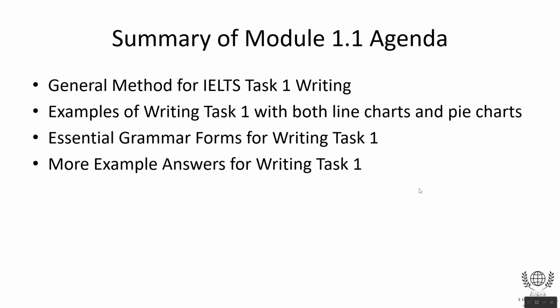So in this first module, we took a look and we saw the general methods for IELTS Writing Task 1. And we saw plenty of examples of both line charts and pie charts.